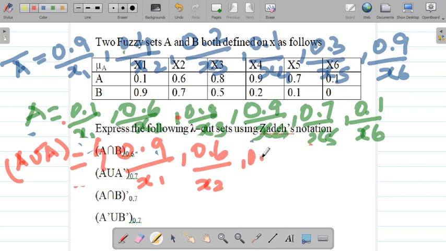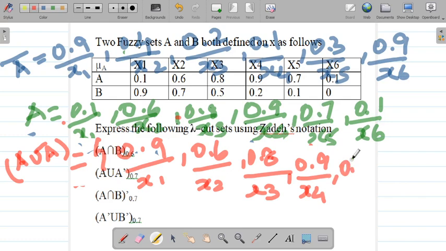Then here 0.9, here 0.1, 0.9. Here 0.7, here 0.3, 0.7. Then here 0.1, here 0.9, 0.9.